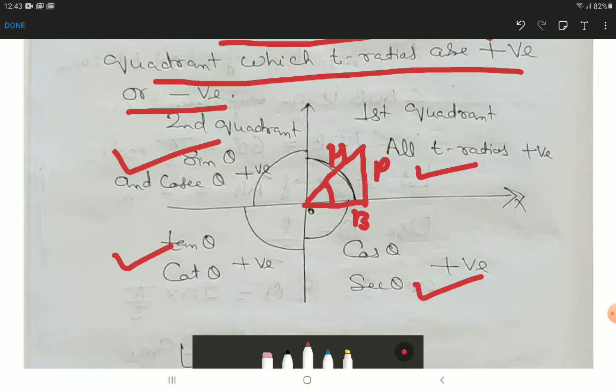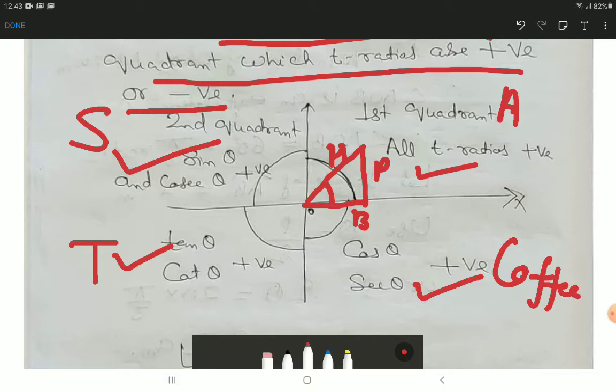We learned it in this way also, that all students take coffee. All stands for all trigonometric ratios are positive. Student begins with the letter S, so we can say sin theta and its reciprocal cosec theta are positive in second quadrant.